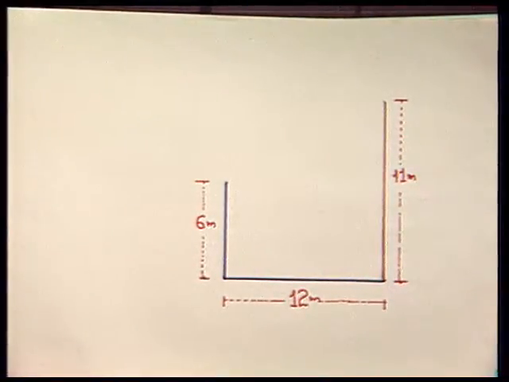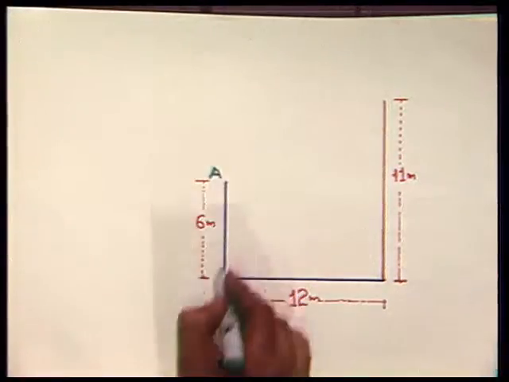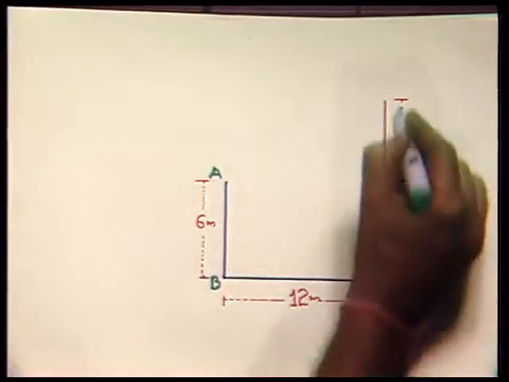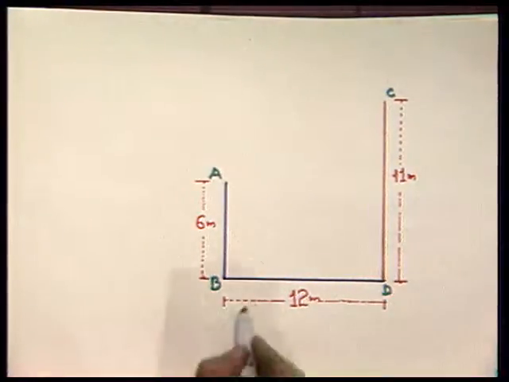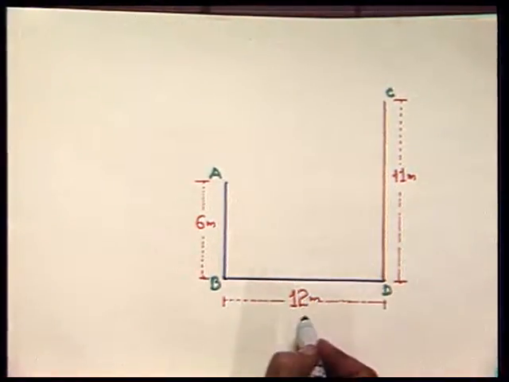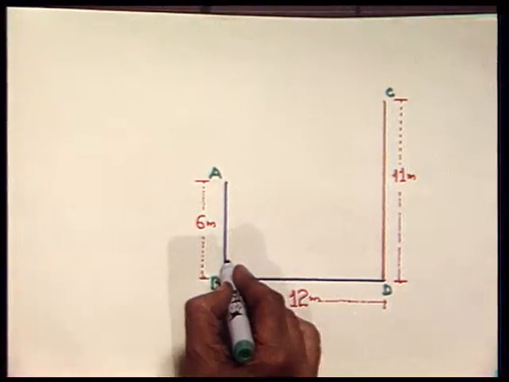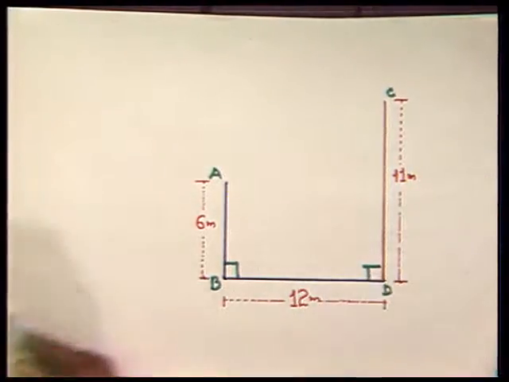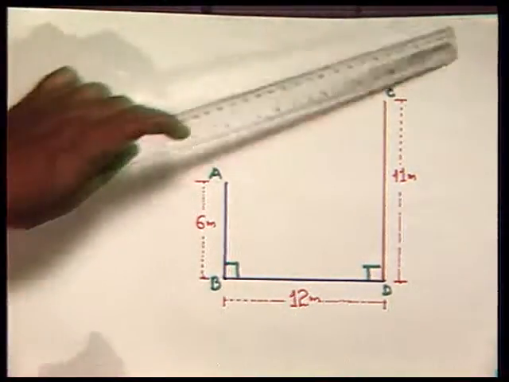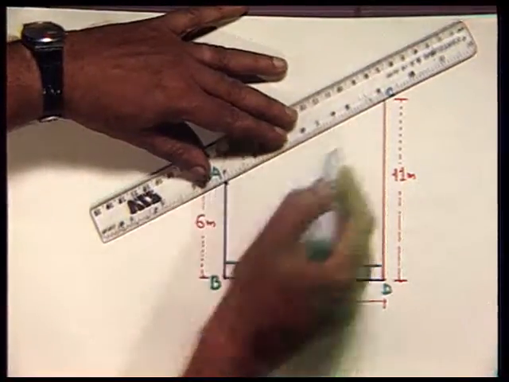These have been shown like this, and they are standing on the level ground. Let this pole be AB and this pole be CD. The distance between their feet is 12 meters. Since the poles always stand vertically on the ground, this angle is 90 and this angle is also 90. And we are supposed to find the distance between their tops, that is the distance between A and C.